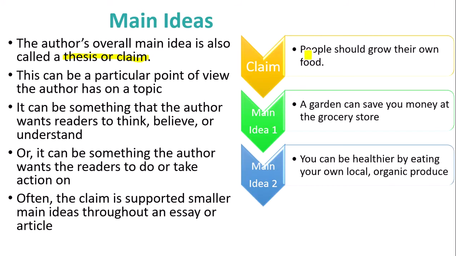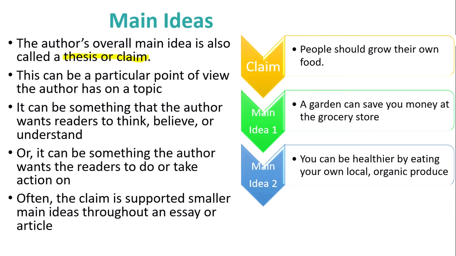So here's a claim. People should grow their own food. That's the overall argument, what the author wants people to do. Main idea 1: a garden can save you money at the grocery store. So in this essay, I would expect a paragraph, maybe 2, about how I could save money at the grocery store by growing my own food.